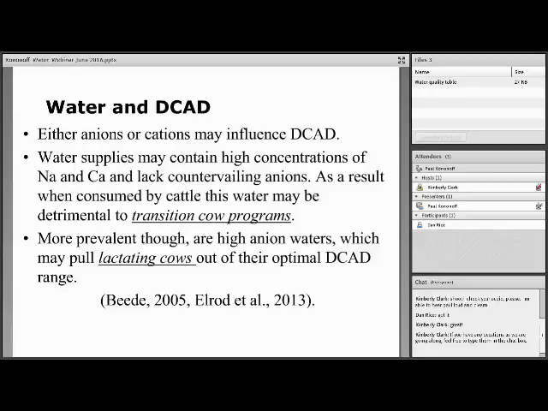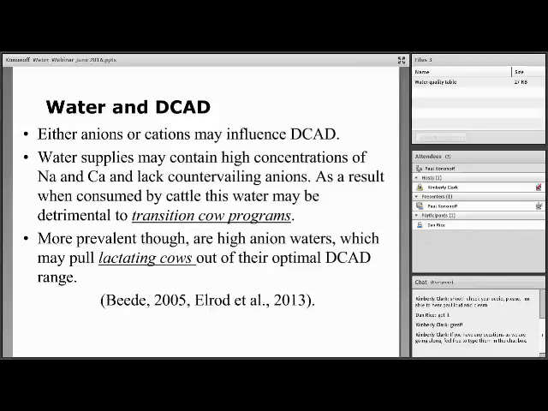So if you have a nutritionist that's balancing for DCAD, it's important to have a good understanding of where you are with your sodium and calcium, because this can have major impacts on the transition cow problems. So these problems certainly can arise where you have water that's high in sodium and calcium.